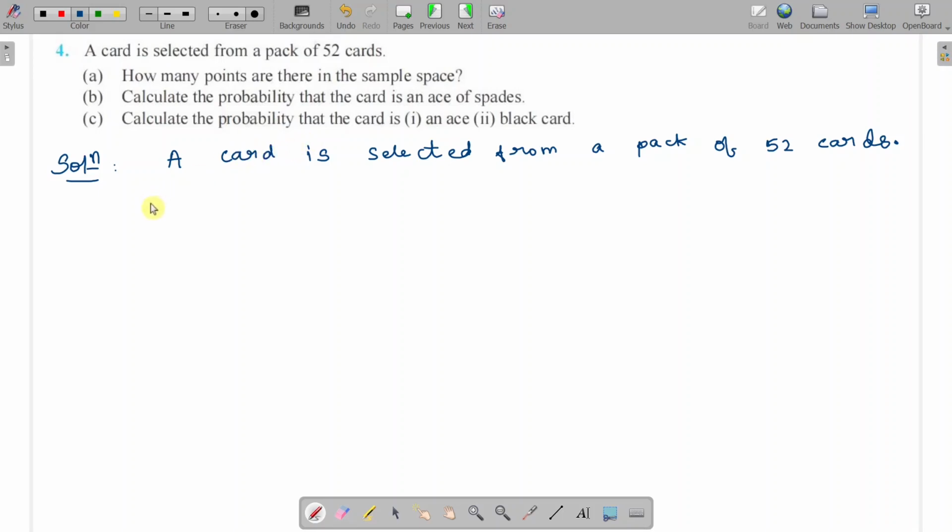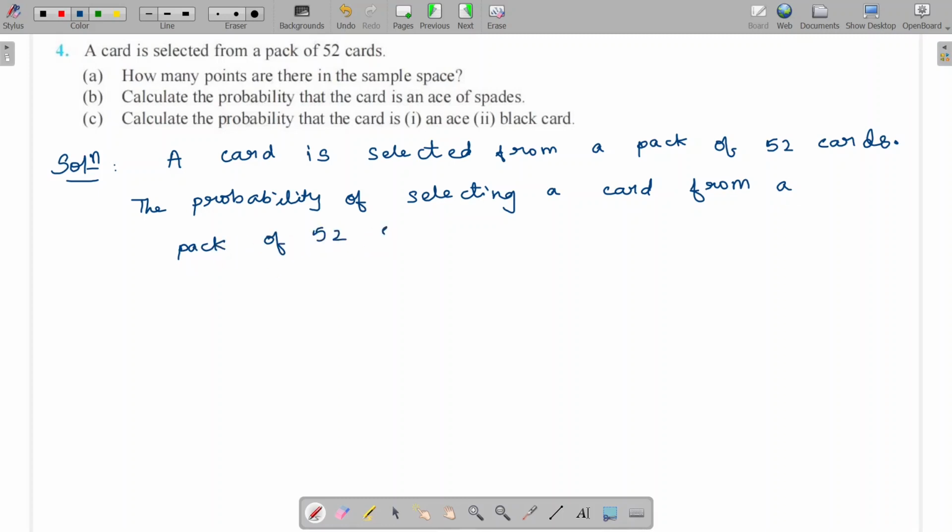Okay, so see, the probability of selecting a card from a pack of 52 cards is what?